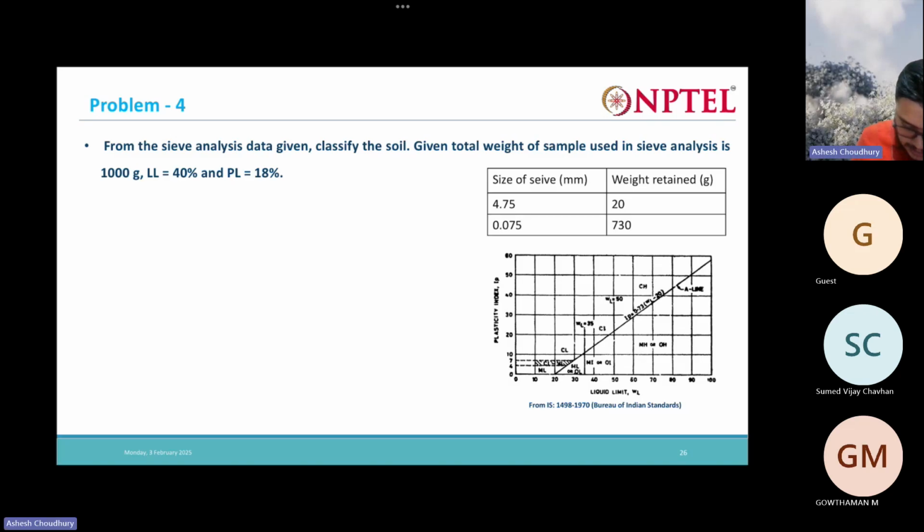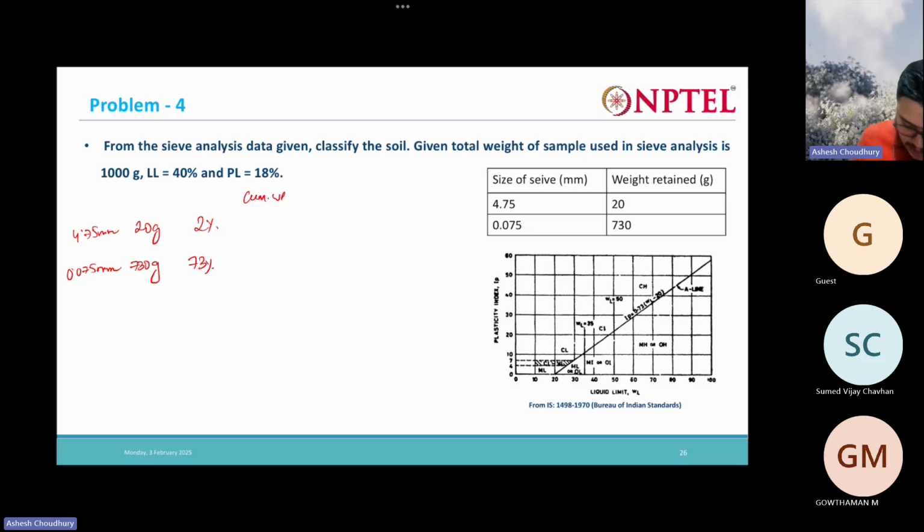See, let us just again make this table. F 20 gram, 20 by 1000 is 2%, and this is 73%.